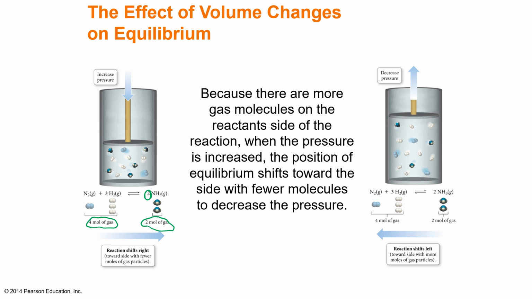To decrease the amount of pressure inside that container, the equilibrium is going to shift towards the side with fewer molecules. If we decrease the pressure, then there's more room in the container, and we're actually going to shift towards the side that has more gas molecules.